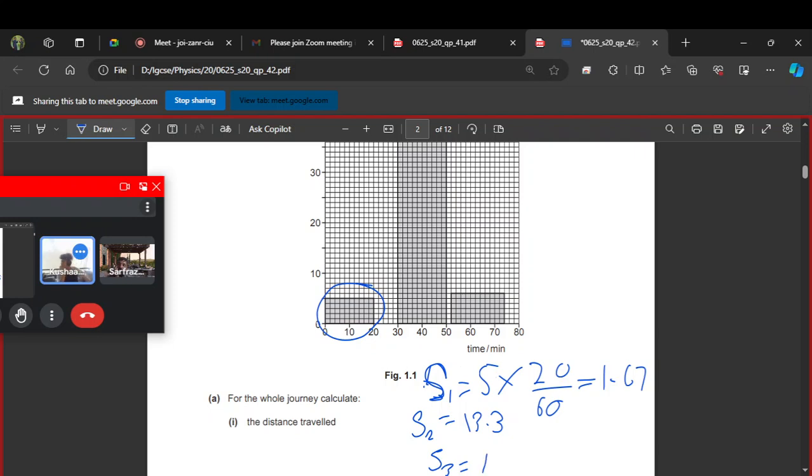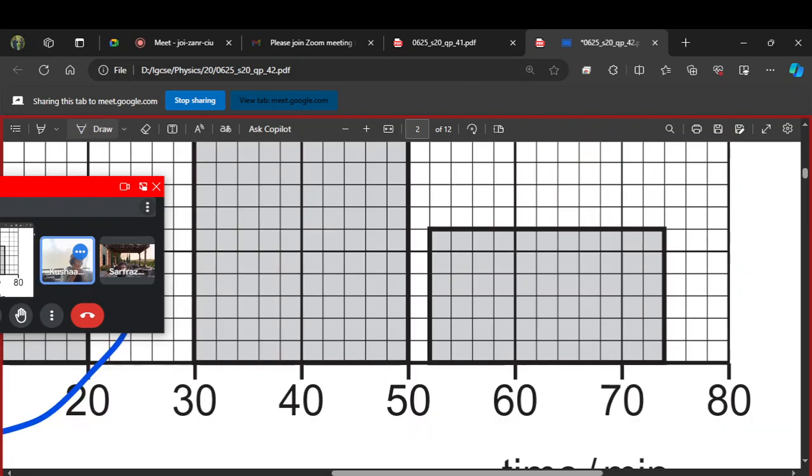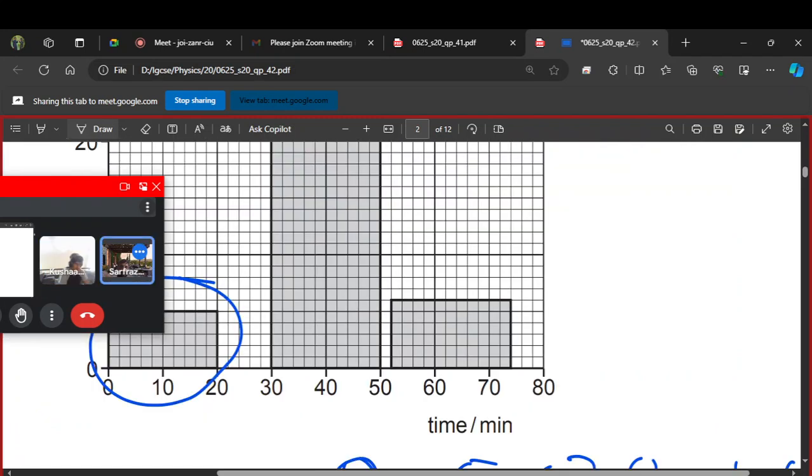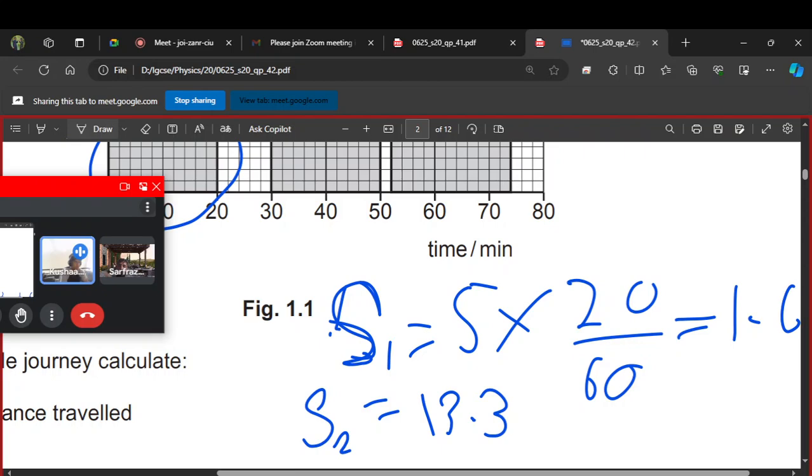Check it again, because I think you have made some mistake in this section. Let me zoom in. 74 minus 52 is 22 minutes. 22 divided by 60, multiplied by 6. Then what is the answer? 2.2. Yes, this is the right answer.